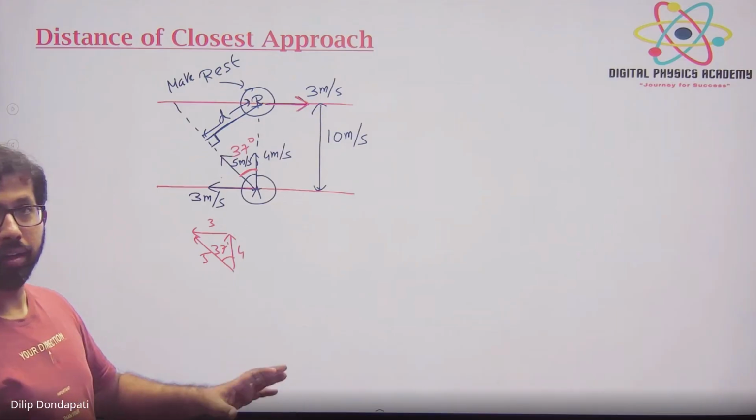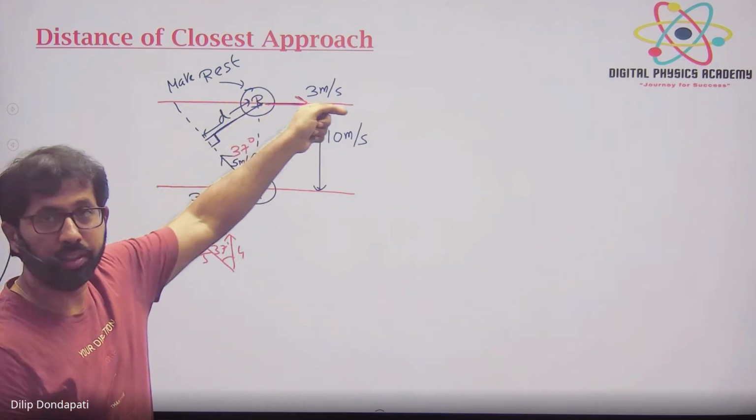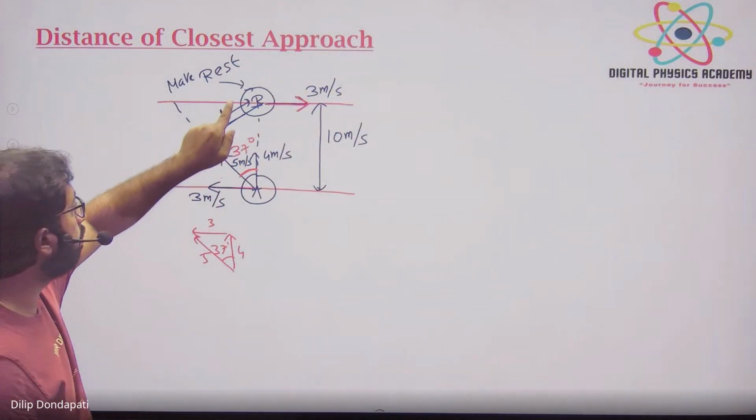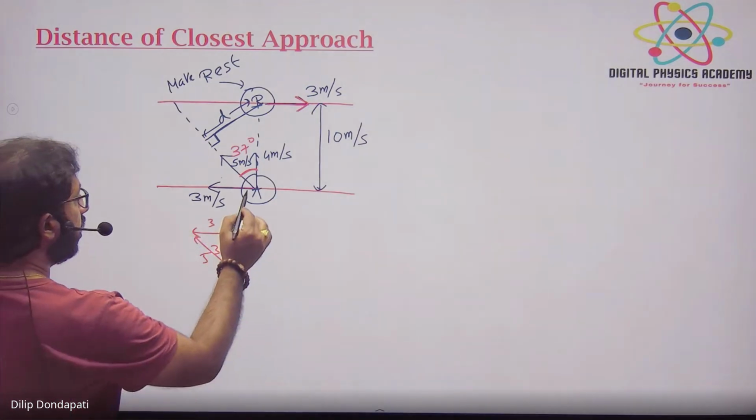No, wrong, a perfect number will come. See, B is going initially this direction, but we want to find the shortest distance. Which direction is A going? A is going initially this direction.